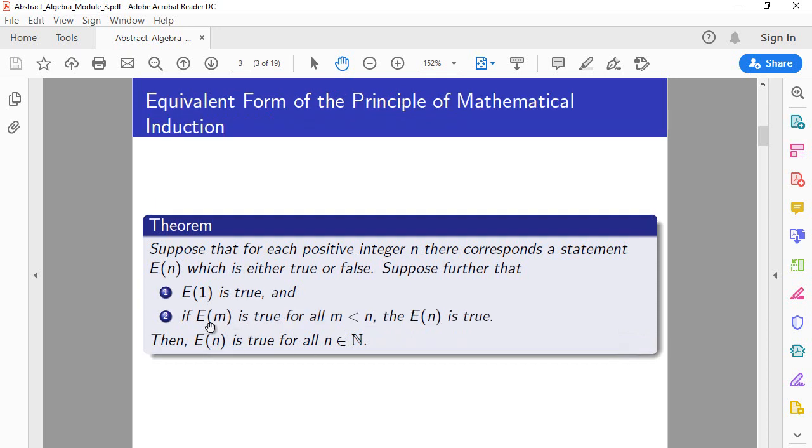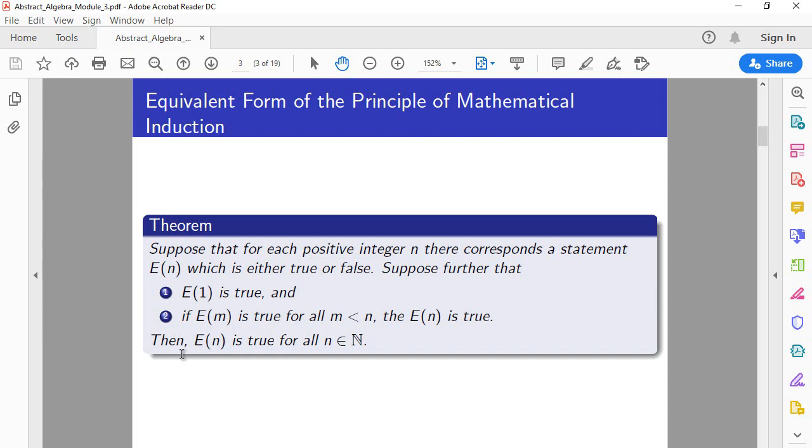Here in this number 2, it says if the sun rises in the east for all days from day 1 up to day n minus 1, then the sun must rise in the east on the nth day as well.